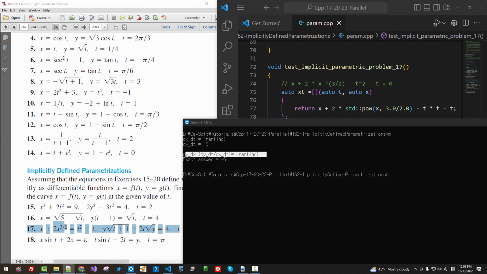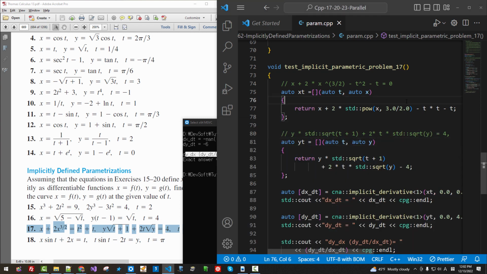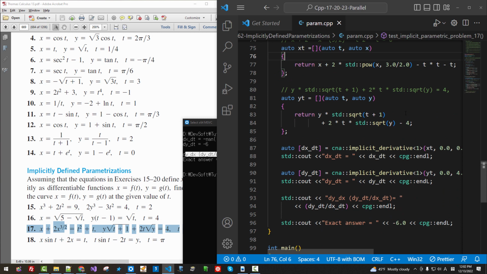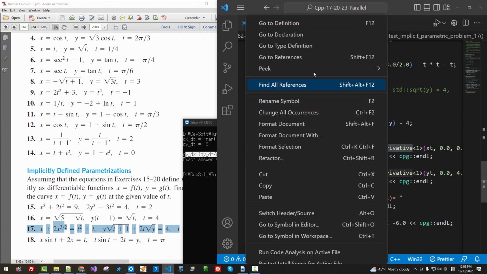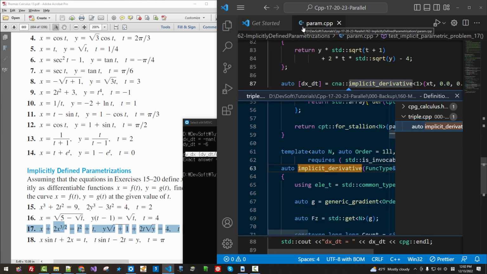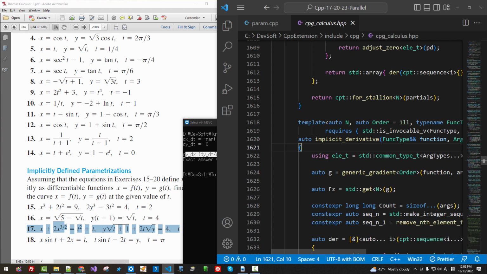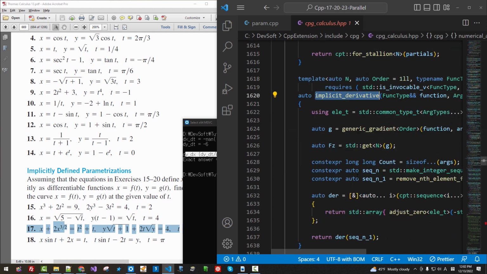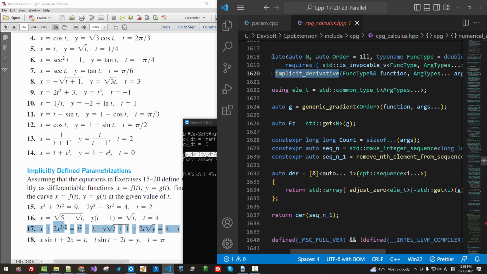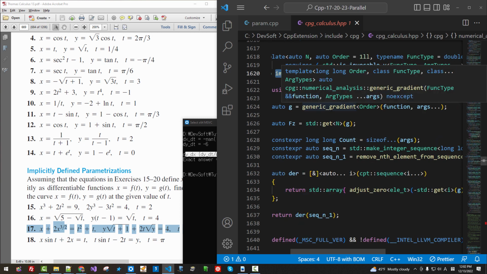If we want to handle such a nasty problem, we have to understand the underlying mathematics, also our algorithm. Implicit derivative. This function is defined in CPG calculus. Here, in this file, implicit derivative eventually calls generic gradient.